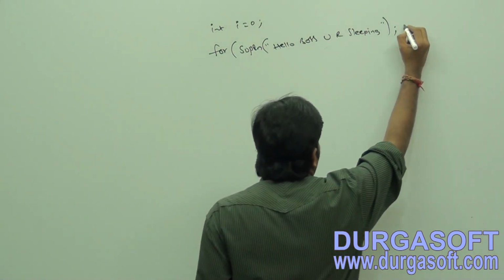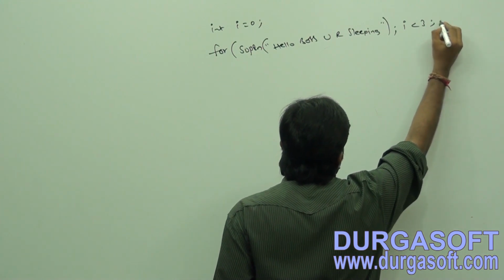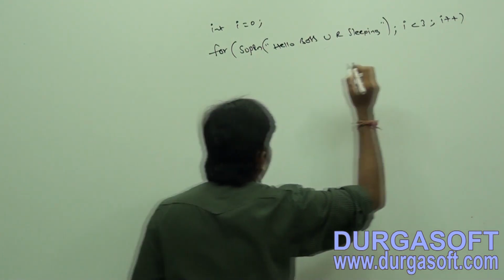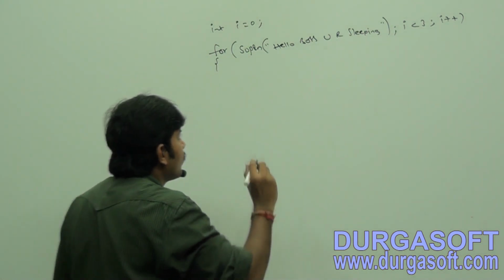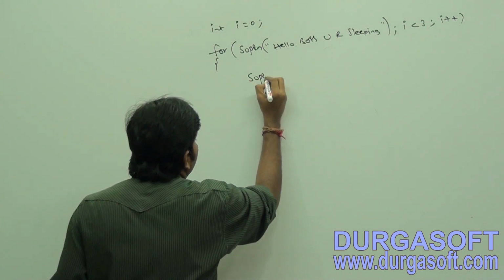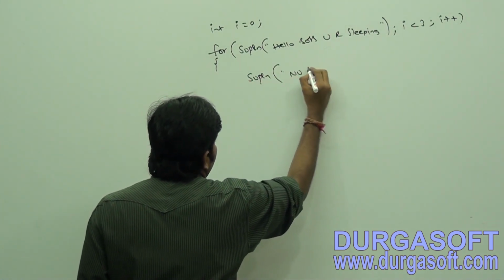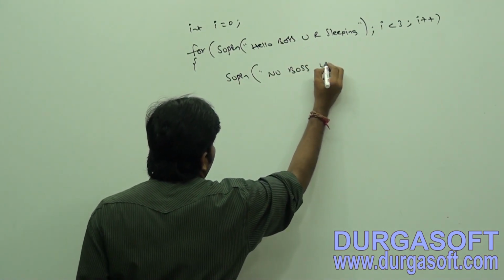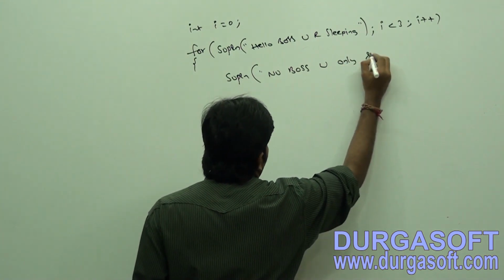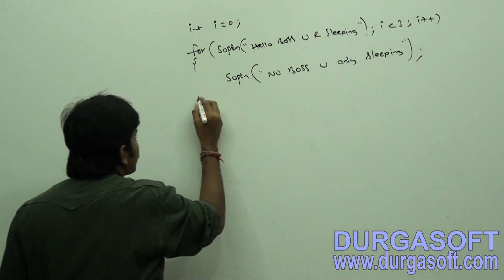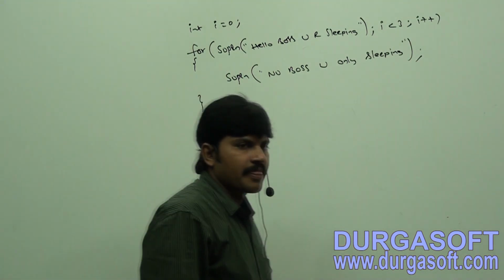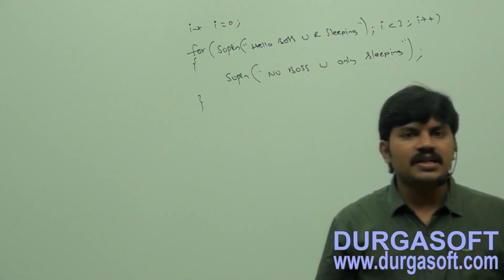Next, i less than 3, i plus plus, and System.out.println of "No boss, you only sleeping". Like this I am taking. Can you tell, is it valid or invalid?